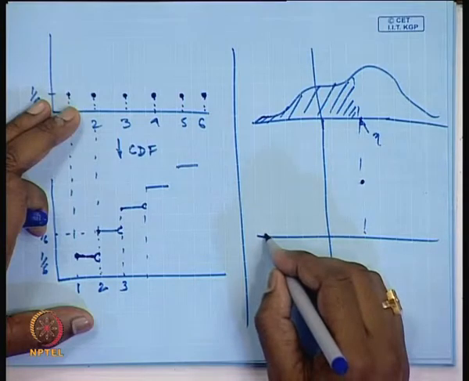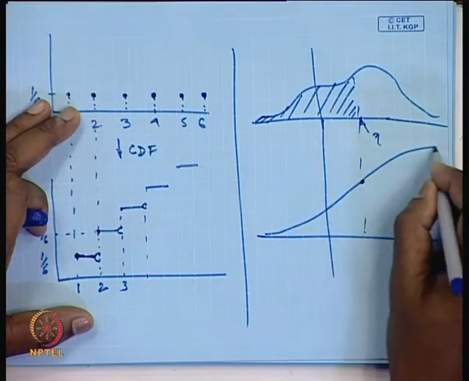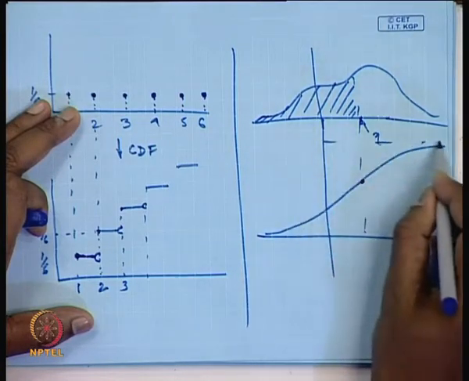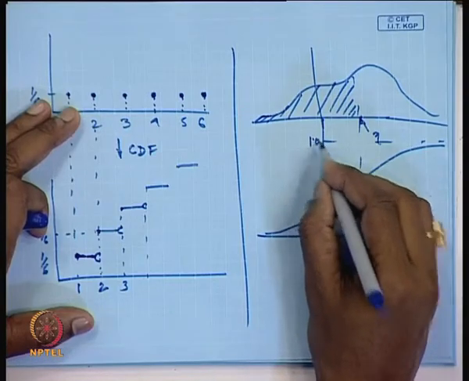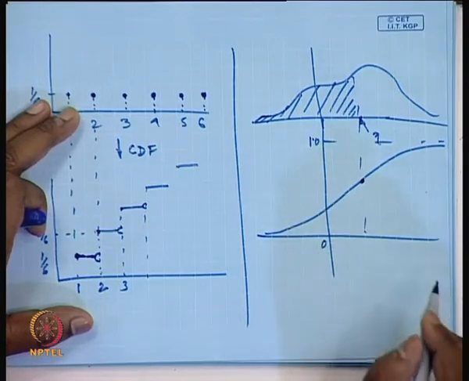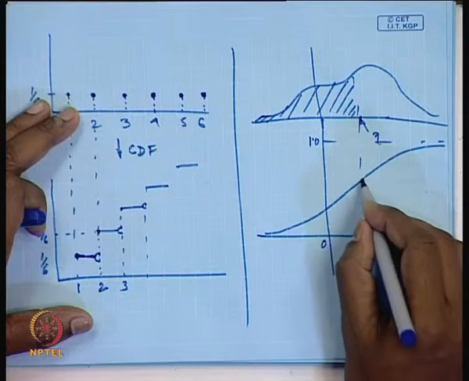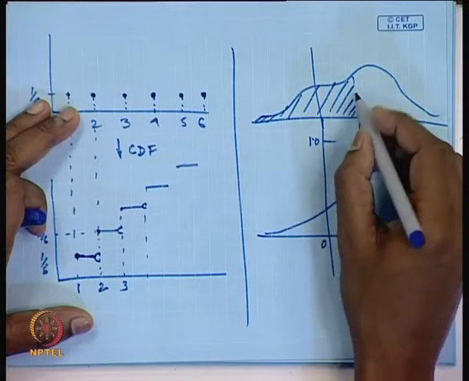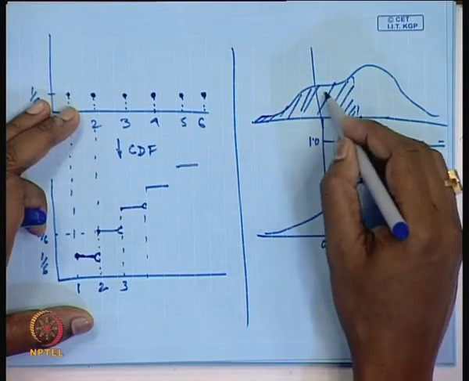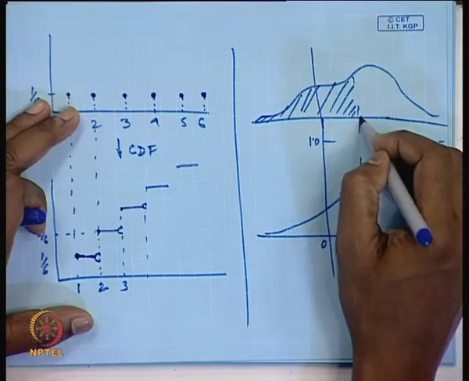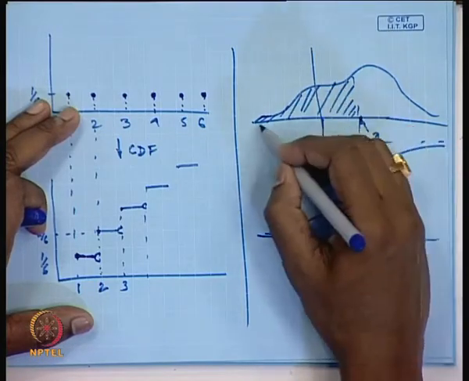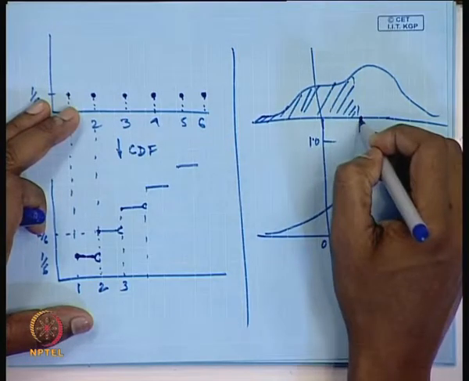So this will be a monotonically increasing function which starts from 0 and goes up to the maximum value it can take, which is 1. This value is nothing but the integration, that means the total area of this function up to that point, the integration of that function from the left support to that particular point.